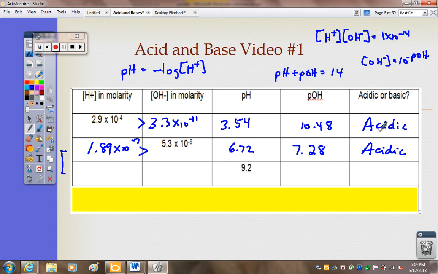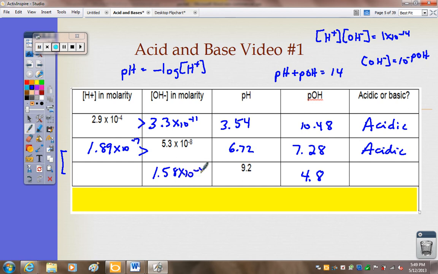Last step. From pH to pOH, I use this formula. So 14 minus the 9.2, I get 4.8. Now if I take the negative value of that and do 10 to the negative pOH, I'm going to be able to find out my OH- concentration, which is 1.58 times 10 to the negative 5th.